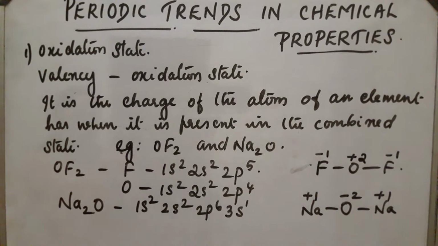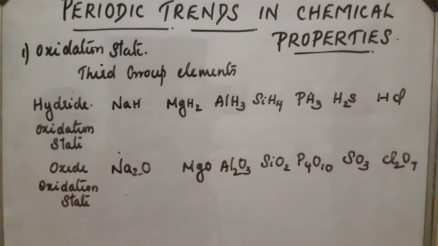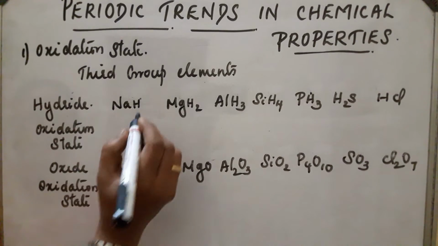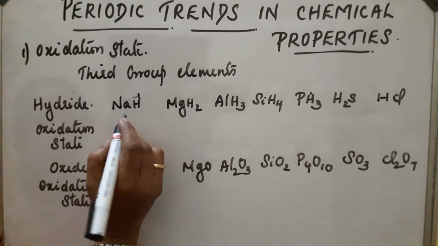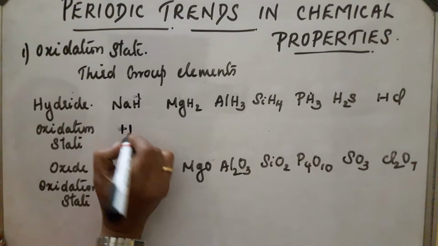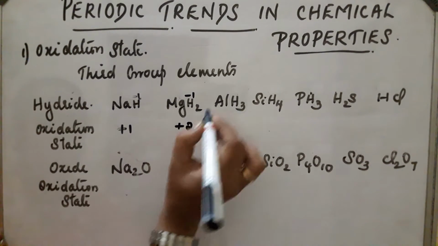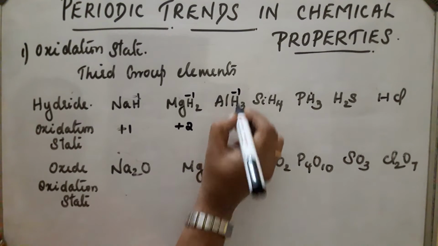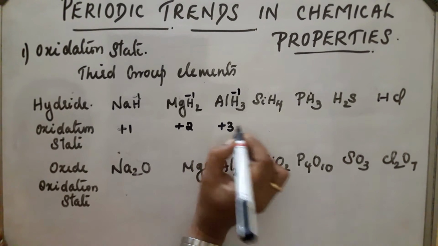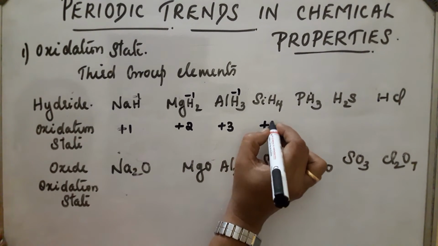Now some of the hydrides and oxides of third group elements are given. How can we calculate the oxidation state of those elements? First, NaH. Here hydrogen is more electronegative, so sodium is +1, then magnesium +2, then aluminium +3, then silicon +4.